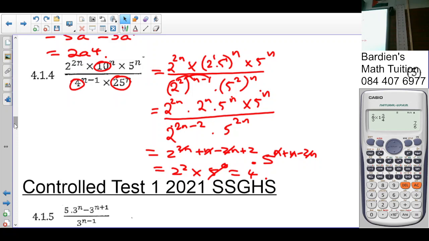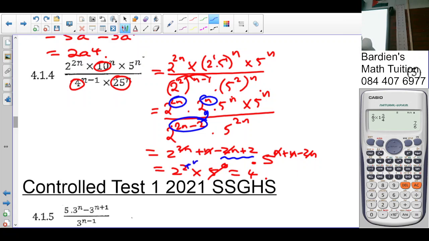Yes? Isn't it 2n plus 2n plus 2? When I brought this up, are you talking about this here? Yes, sir. Sorry? It's 2n minus 2n plus 2. That's 2n, n, minus 2n.